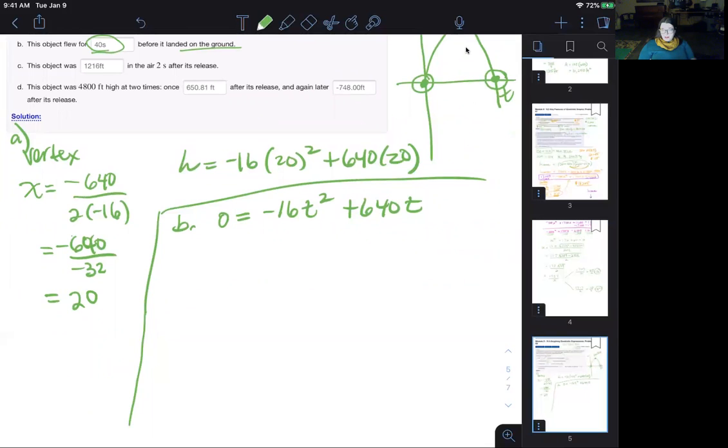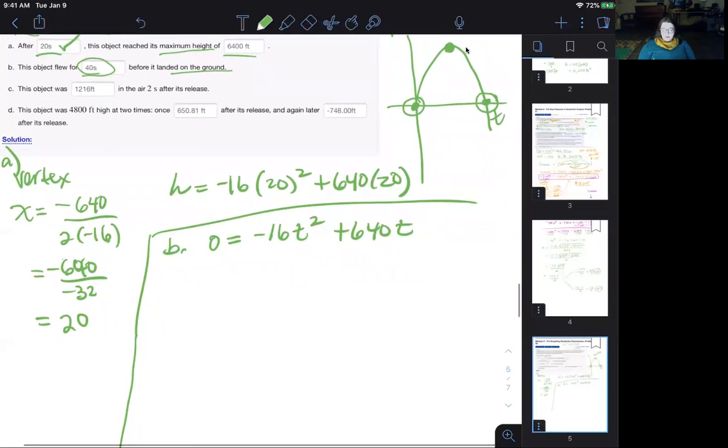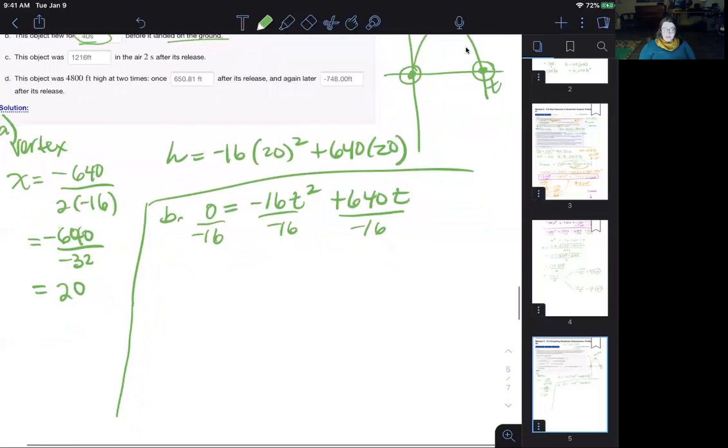Later in Math 95, you will learn how to factor, and you could also solve this by factoring, which I would actually find for this one to be a little bit simpler. But something to also notice is everything here is divisible by 16. And so I could divide everything by negative 16 to work with smaller numbers like I did in the last example.